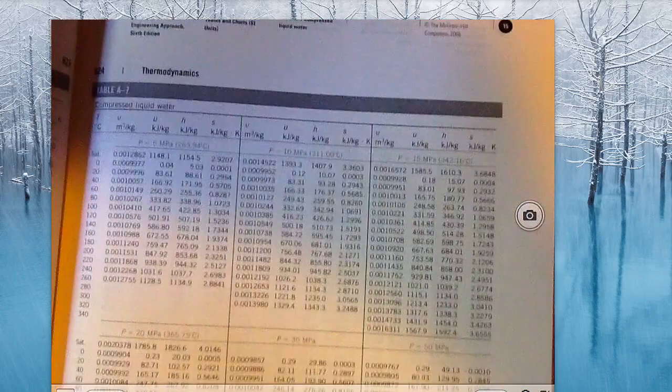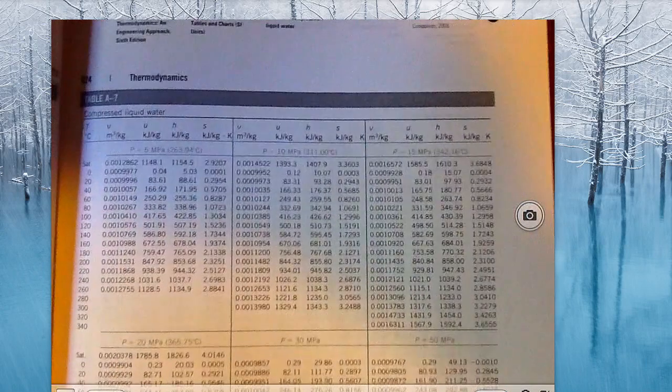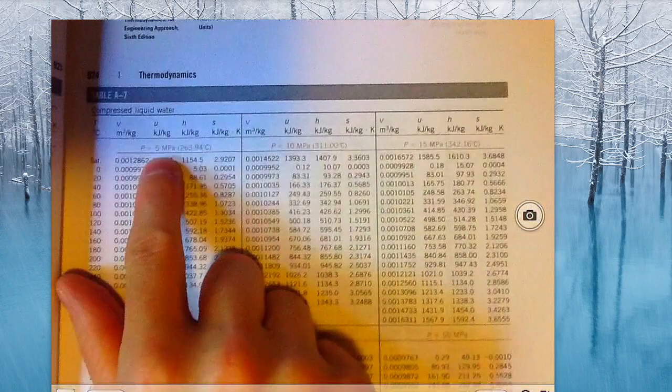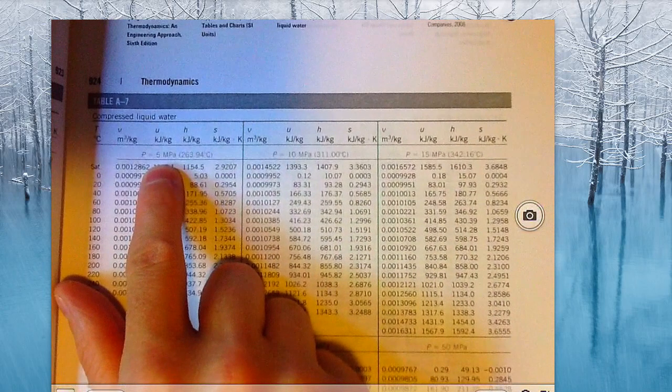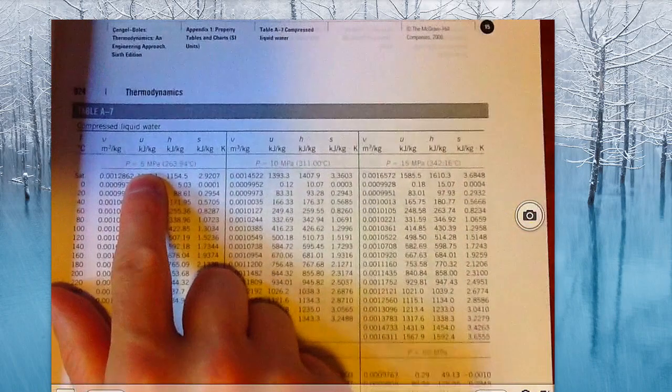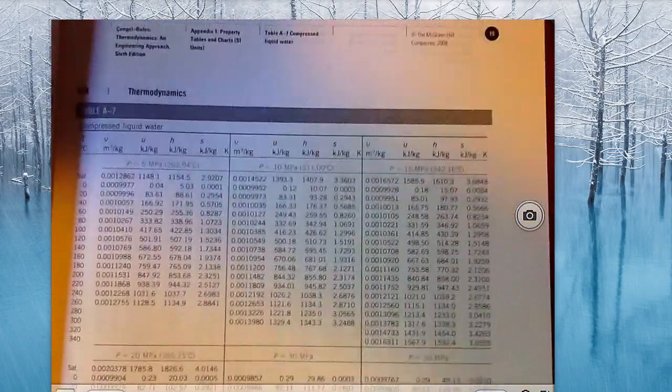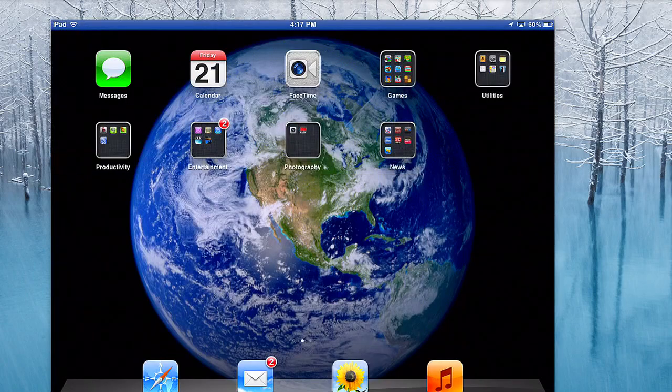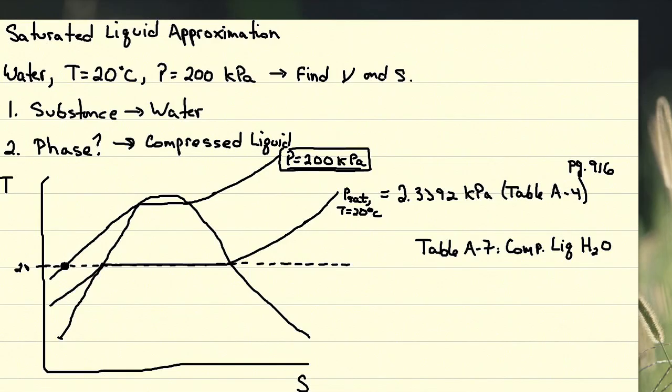Okay, but that's what I wanted to point out to you. Notice what the starting pressure of the subtable is. It's 5 megapascals. That's 5,000 kPa. Our substance, since we're doing this together, we're near 200 kPa. We're more than one full order of magnitude less than where the compressed liquid water table starts, right?